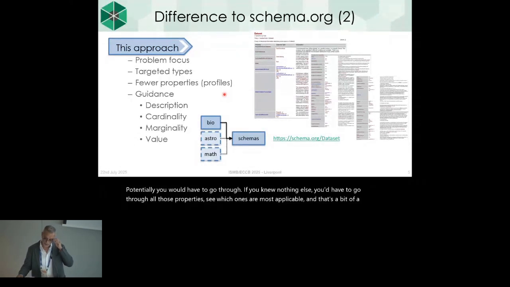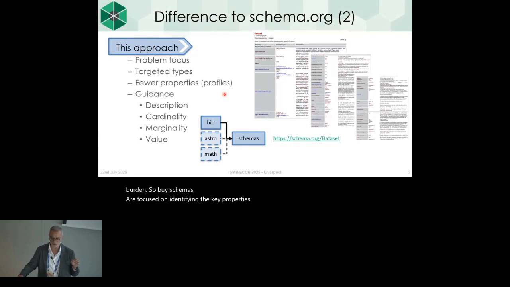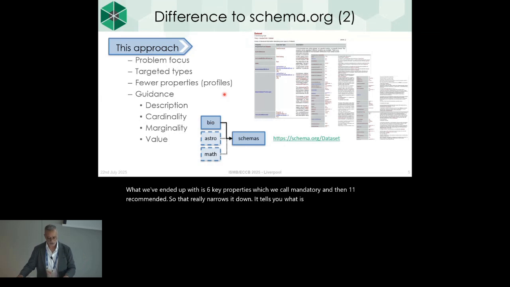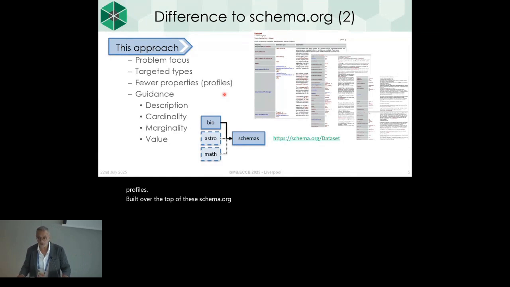So Bioschemas are focused on identifying the key properties. What we've ended up with is 6 key properties, which we call mandatory, and then 11 recommended. So that really narrows it down. It tells you what is the bare minimum that you need to have and what else you could provide. So we have fewer properties, which are profiles built over the top of these schema.org types. And we also provide a lot more guidance.